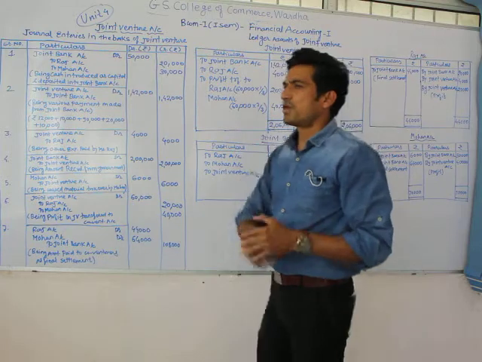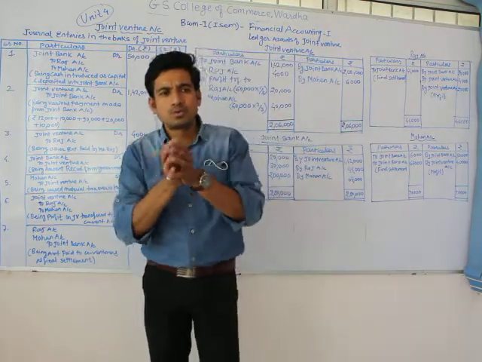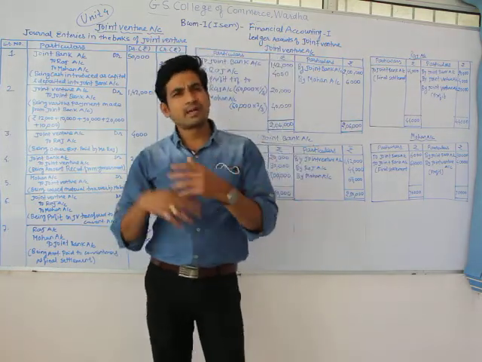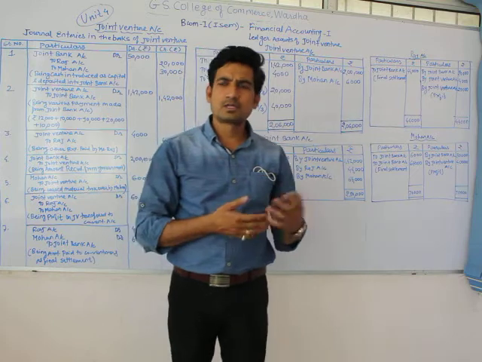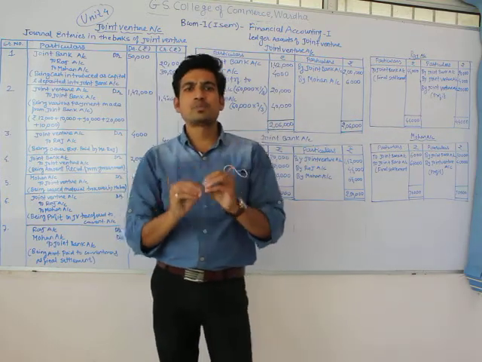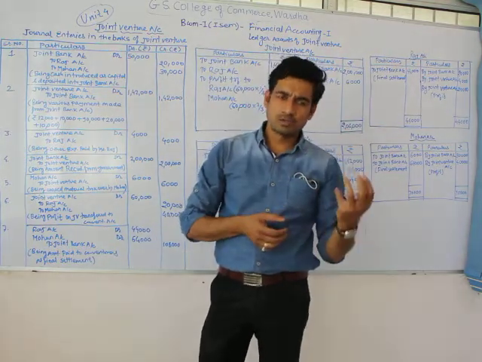Now moving to what a joint venture account is. When two people or more than two people come together to do some type of venture, some type of job, or some type of business, it can be a trading business, it can be a manufacturing business, it can be anything, but there is a need of at least two people. The minimum requirement is only two people.